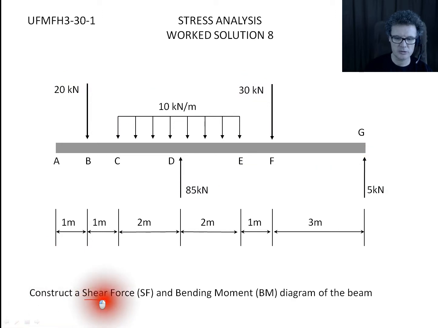So we are going to construct a shear force diagram and a bending moment diagram. We're going to do this in conjunction with one another as we move along. So we're going to be moving along our beam, and we're going to be trying to work out what the equation should be for the SF and for the BM when we're at a particular section.